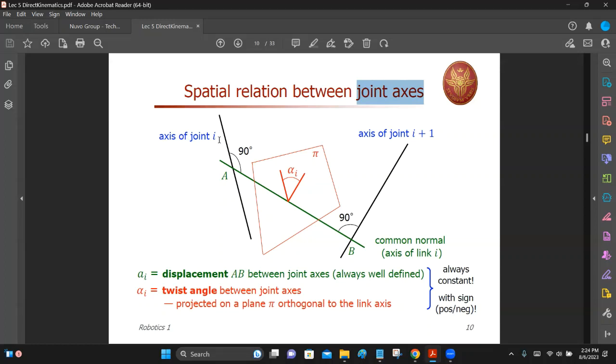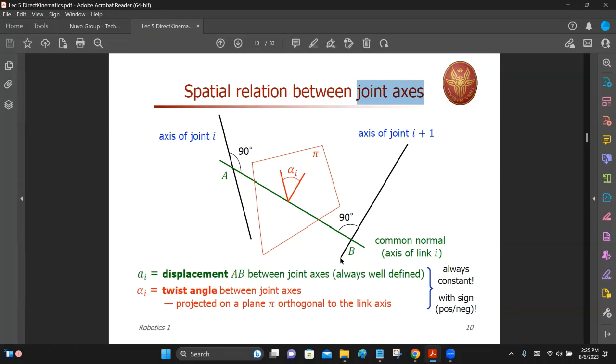So here you can see joint I. This is the axis. After that, you have link I, because the link follows the joint. This is the end of that link. There you have the next joint, joint I plus 1. You can draw its joint axis as well.